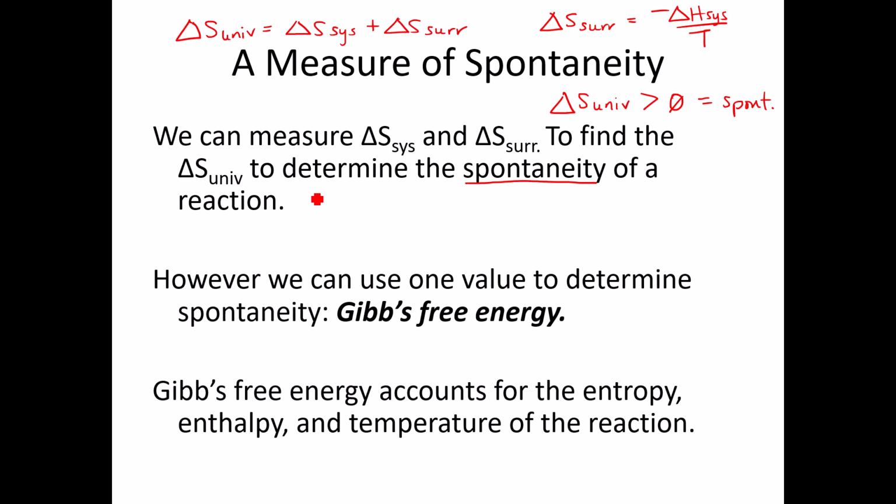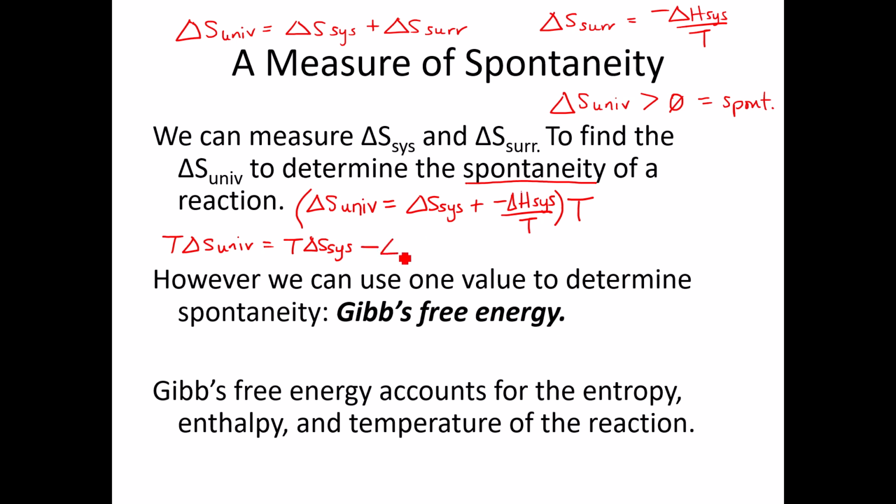So if we then put this together with our delta S of the system, so delta S of the system plus our negative delta H of the system divided by T. Okay, so incorporating those two elements together into the same equation, I'm now going to multiply both sides by T. So we have T times delta S of the universe equals T times delta S of the system minus delta H. Alright, and the T's would cross out here under the delta H.